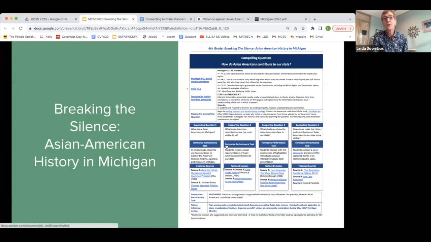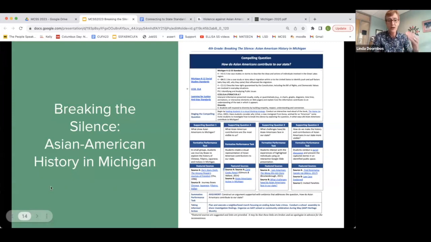And if you're not familiar with the C3 framework, hopefully you can see the parts as we start with this compelling question that drives the inquiry, and the supporting questions that are more factual and based as we investigate so that we can answer, which is a case study of how do Asian Americans contribute to our state, and the sources that we're going to use to answer each one of those supporting questions, and then ending with answering the question, but how can we be involved in taking action once we've investigated?